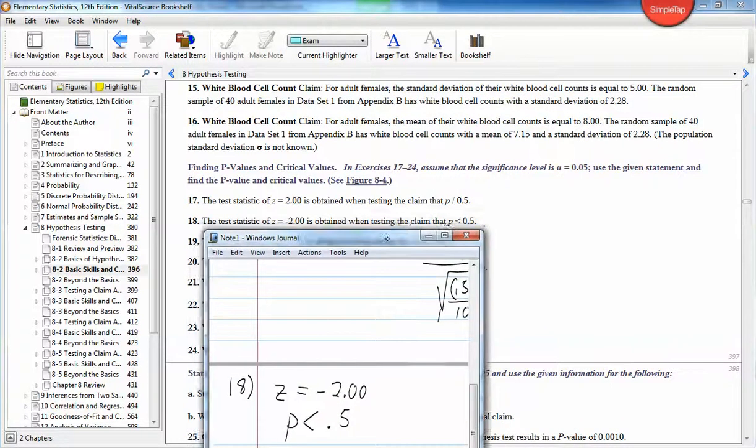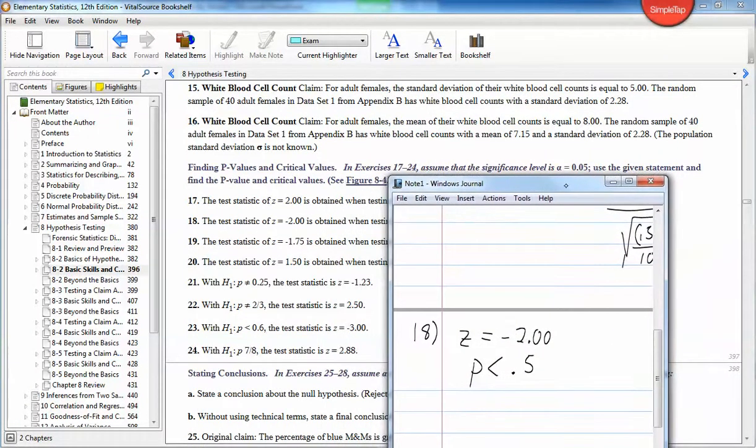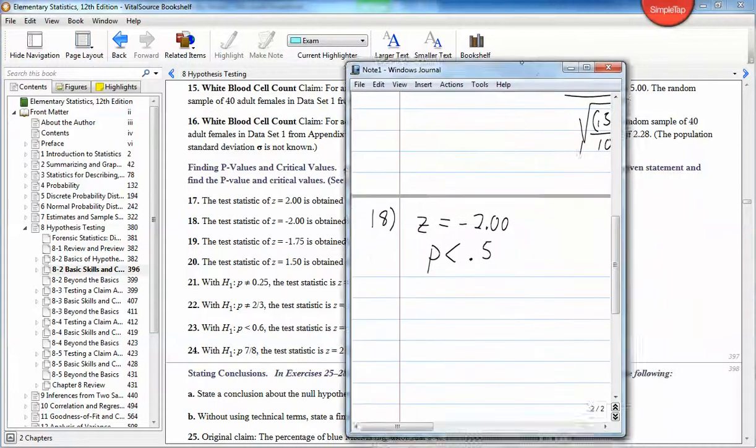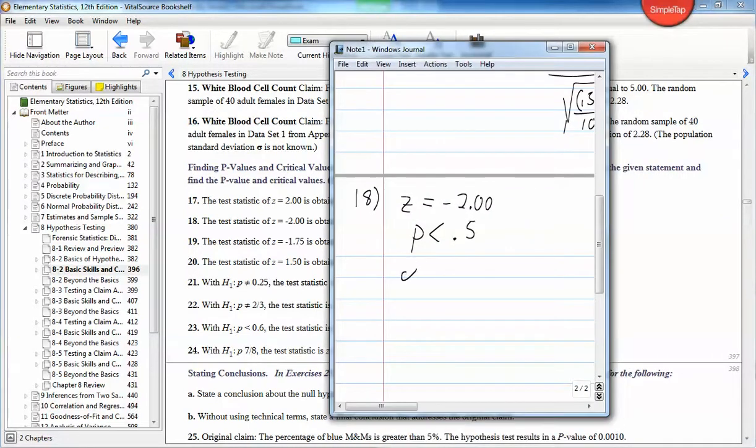Okay, so we're using a significance level of 0.05. So we want to find the p-value and we want to find the critical value.